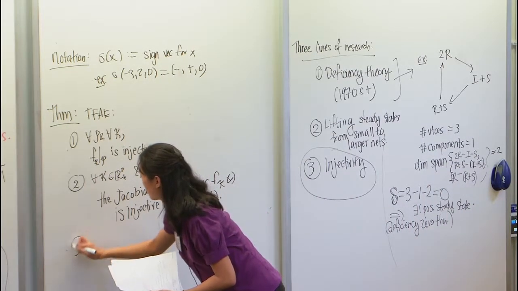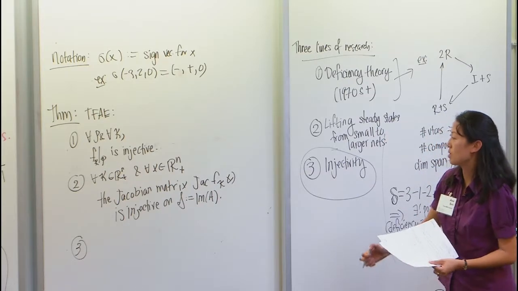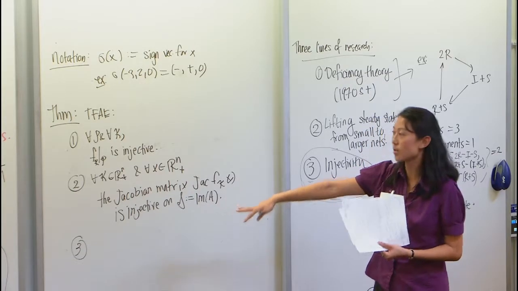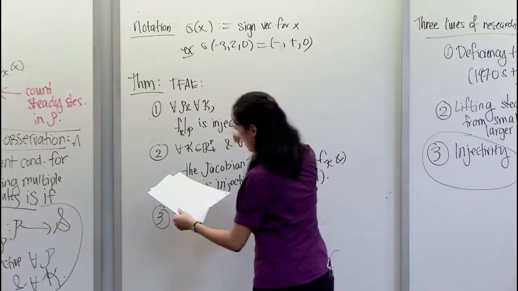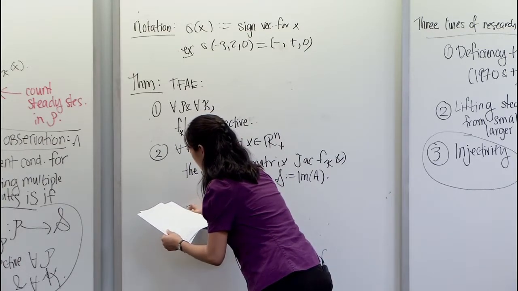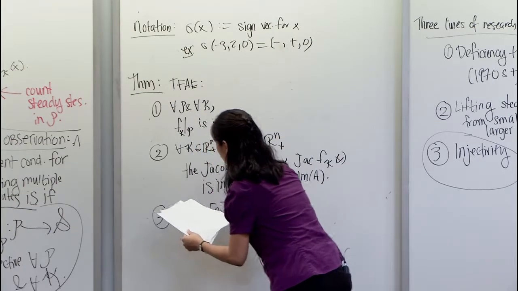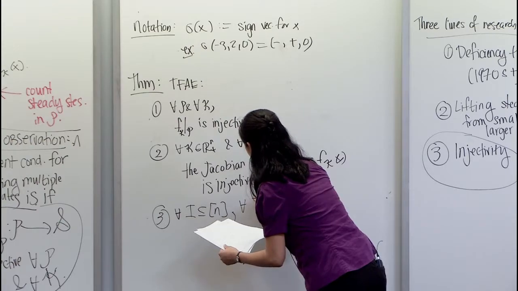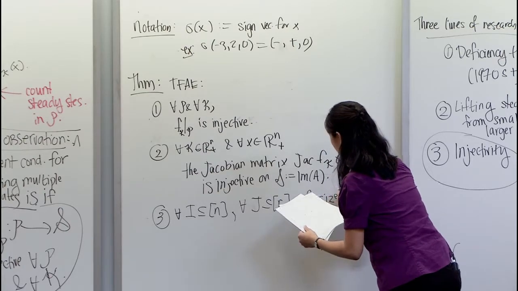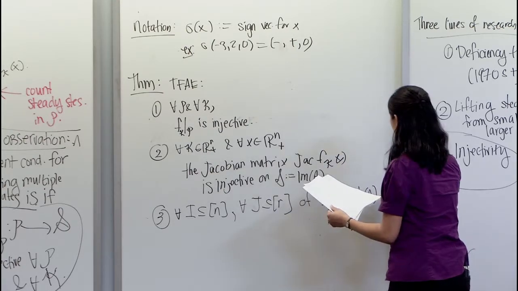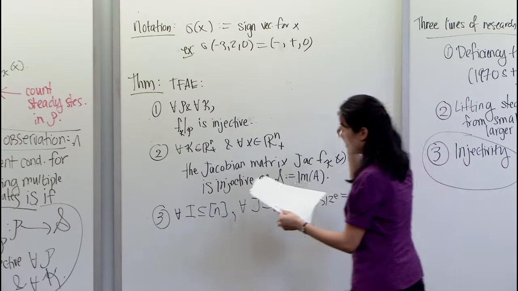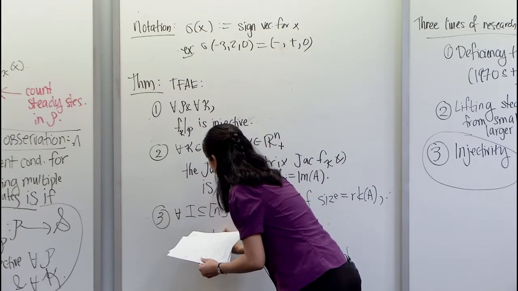3. So if I wanted to compute whether the Jacobian is injective, then I just need to look at the determinant of this matrix. And so part 3 says, okay, now let's look at the terms in the determinant of the Jacobian. So I can write out what they are. For all subsets I of n and subsets J of r of size equal to the rank of A, because remember, I'm in a lower dimensional space with dimension equal to the rank of A, I look at some determinants.